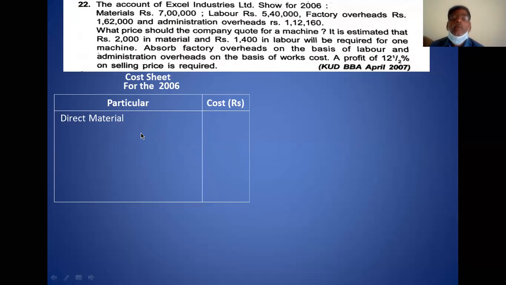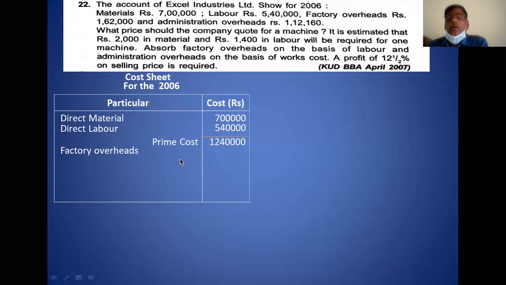First is raw material, 7 lakh. Then labor cost is 5,40,000. Total is 12,40,000, the prime cost. To this prime cost, you add factory overhead of 1,62,000.